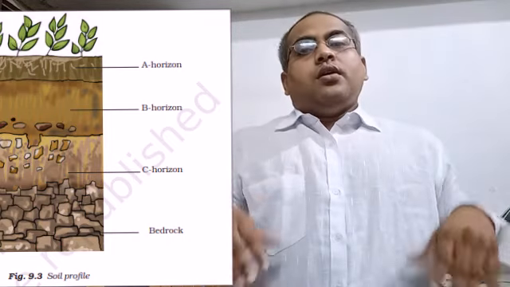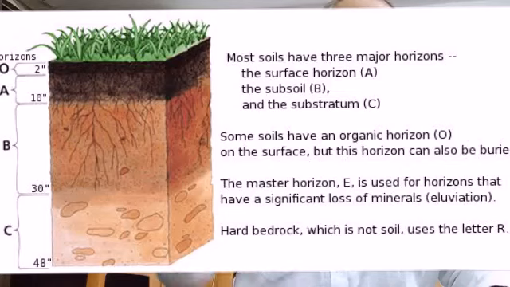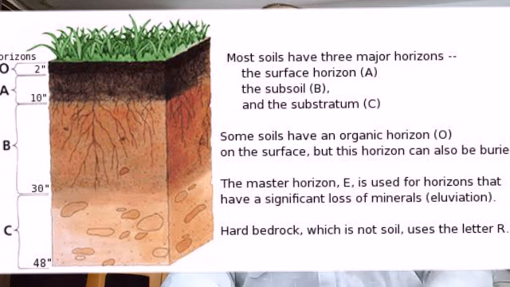And in which conditions are we able to see these different layers of the soil? Whenever you dig the soil, as much deeper as you go, you will get different types of soil. Or suppose there is a pond, you are able to see the different layers of soil.